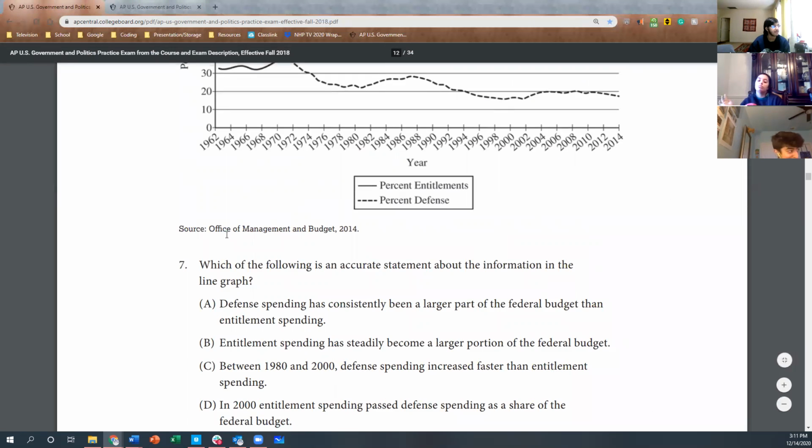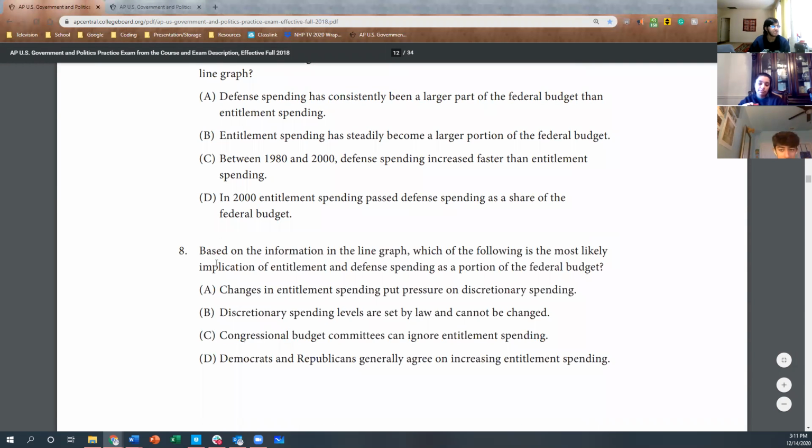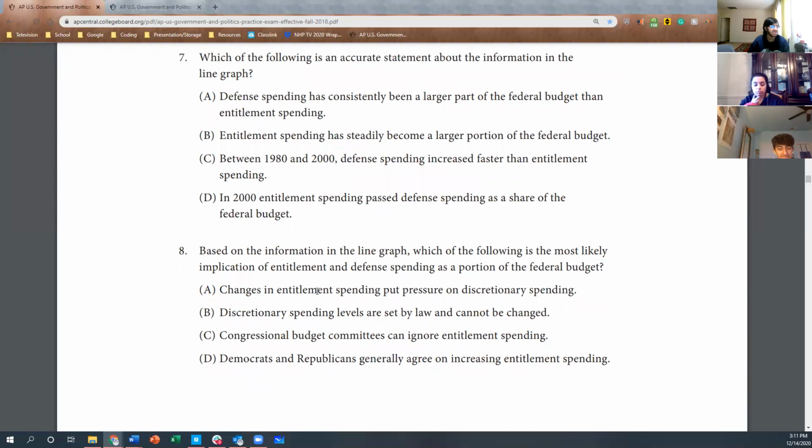Okay. Number 8. Based on the information in the line graph, which of the following is the most likely implication of entitlement and defense spending? Changes in entitlement spending put pressure on discretionary spending. What is discretionary spending? I think it's usage of funds at their discretion, maybe Congress's discretion.